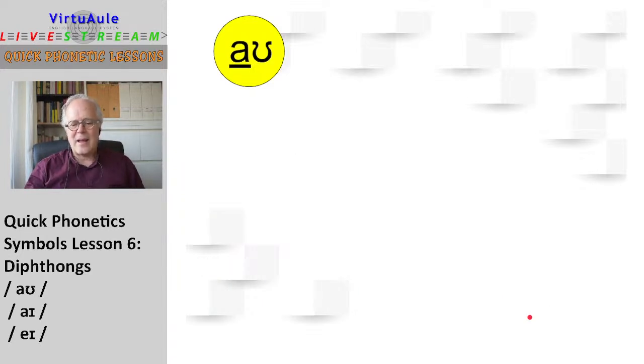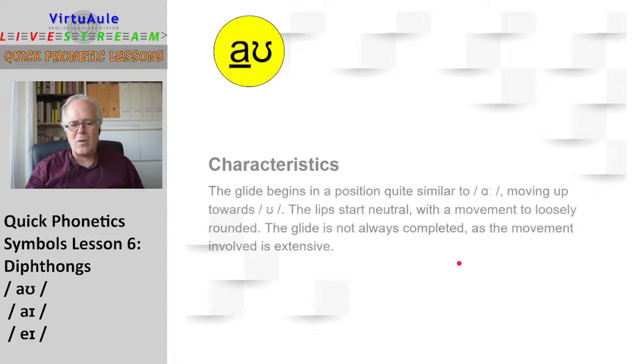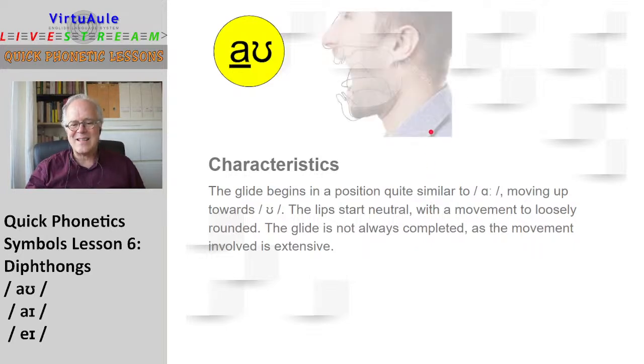Okay? Then the last diphthong is the ow sound. This begins in a very, very similar position to the long A, moving up towards the oo sound. The lips start neutral with a movement to loosely rounded. The glide is not always completed as the movement involved is extensive.